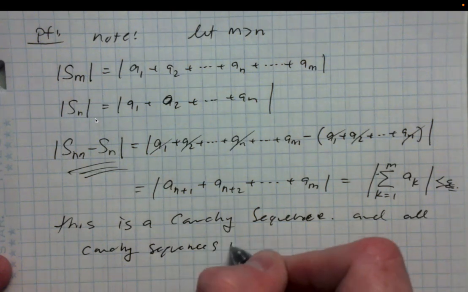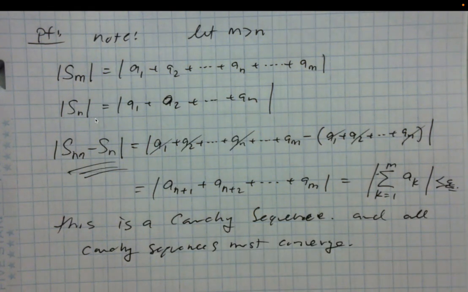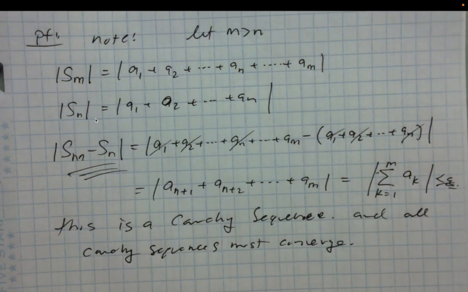And so if this series converges, that means it's obviously going to have to be less than any arbitrary epsilon. It's possible for me to choose n and m such that I can make that thing less than epsilon, right? So it must converge.